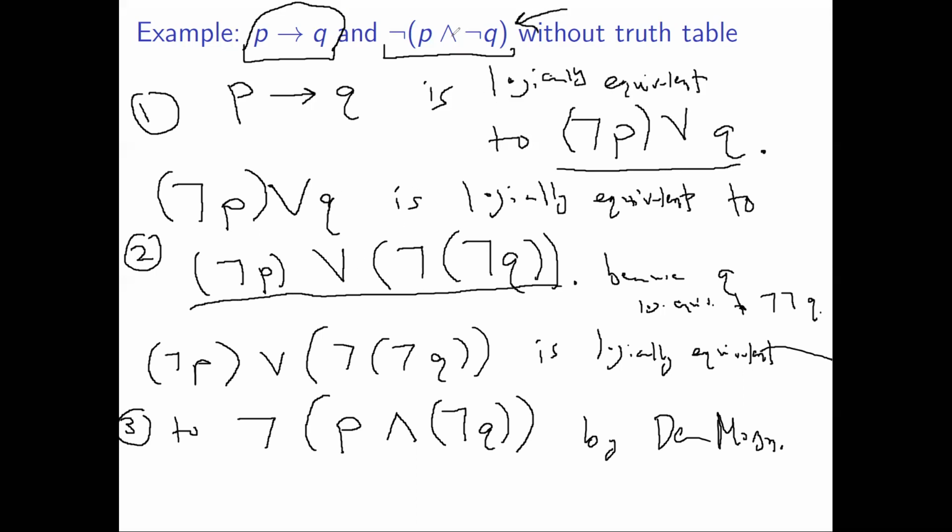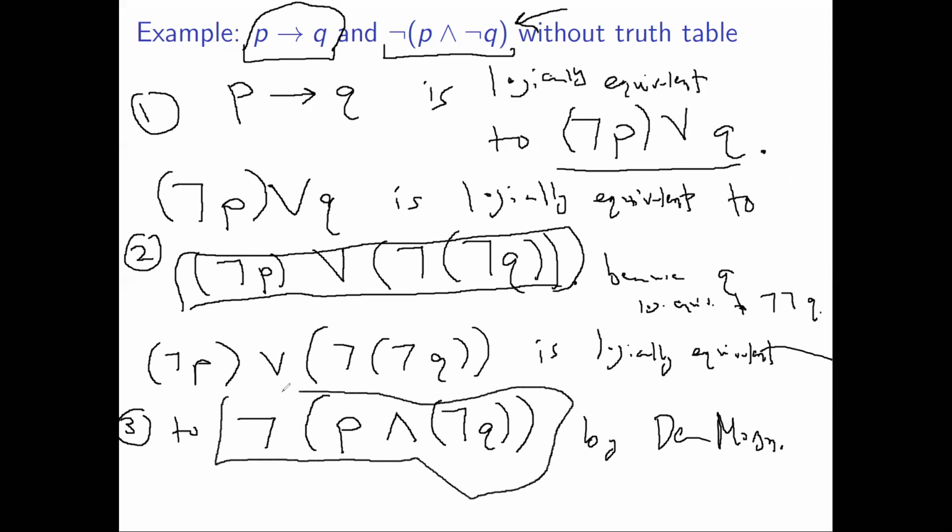And each of these logical equivalences is saying that the truth table for P implies Q, that column has the exact same truth values as the column for not P or Q. And the column for not P or Q has the same truth values as the column for not P or not Q. And the column for not P or not Q has the same truth values as the column for not (P and Q).